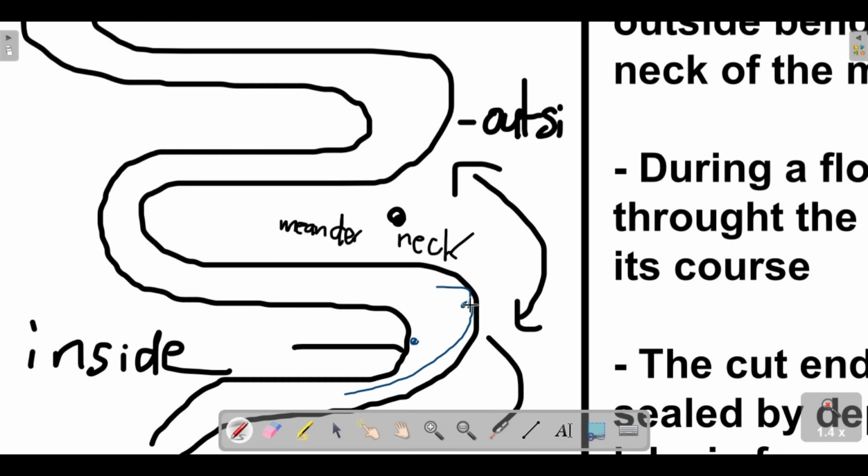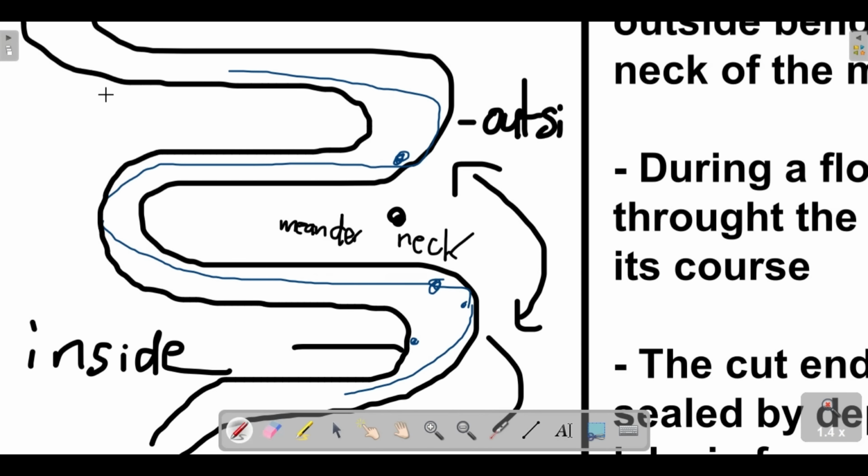So we see more erosion on the outside bank, and again more erosion there, and again, so on and so on. Eventually, if we see more erosion on these sides, the meander neck will get narrower and narrower.